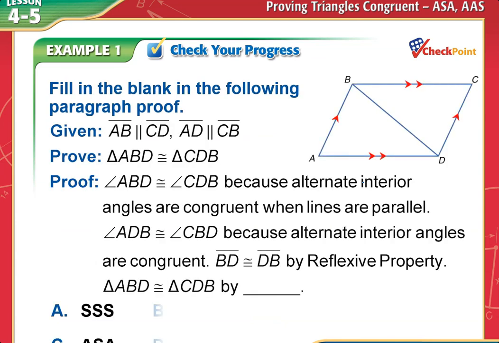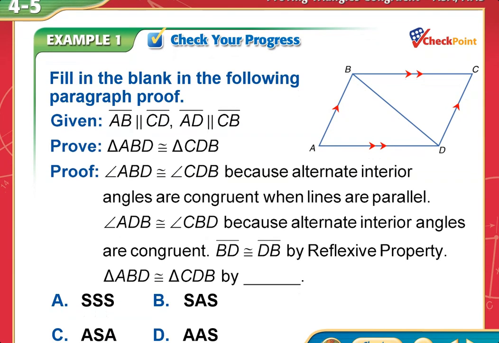Alright, check your progress. Fill in the blank in the following paragraph proof. We have angle ABD congruent to CDB because alternate interior angles are congruent. So this angle here is congruent to CDB.